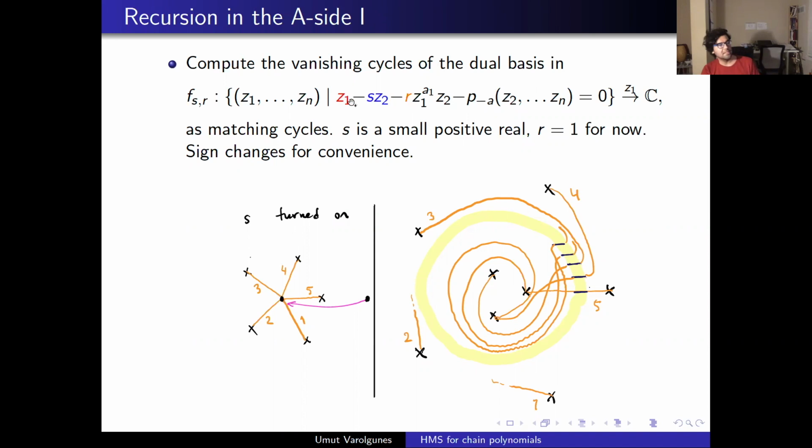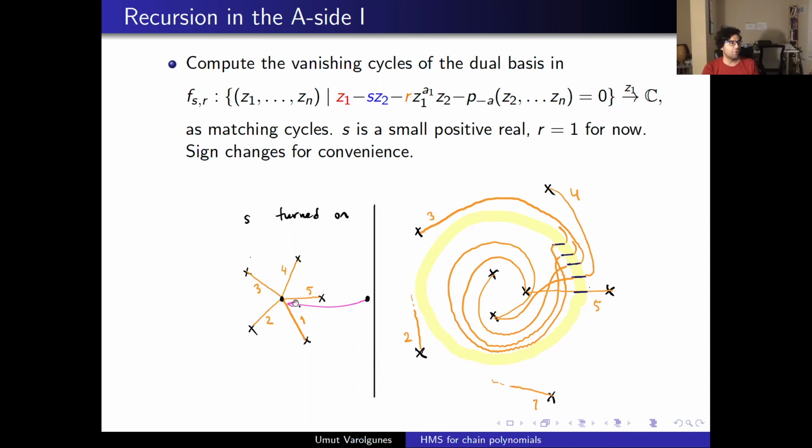Up to signs, let's ignore the signs for now: Z1 plus this guy plus this guy. So Z1 to the A1 Z2 plus P minus A is just PA by definition. So this is just Z1 plus PA equals 0. So that would be just the fiber above the origin.